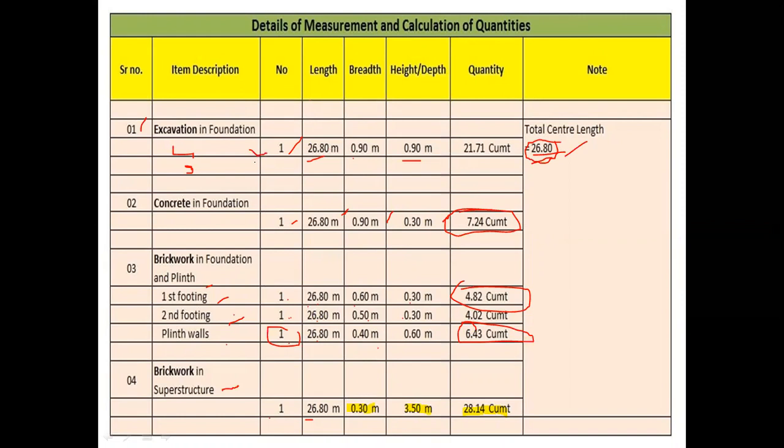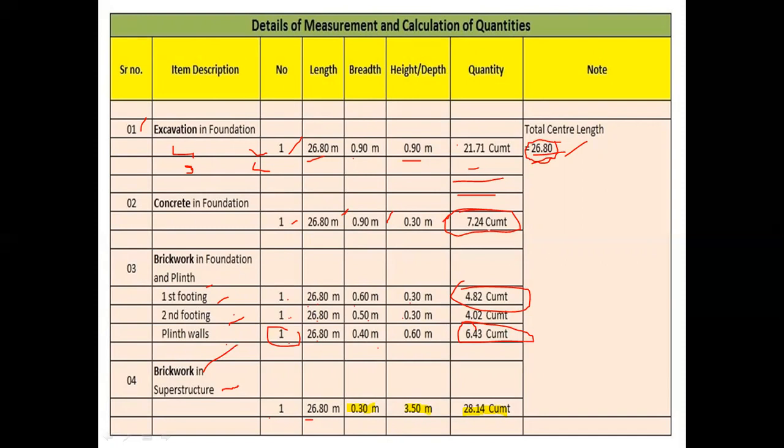Long wall number is 2, short wall number is 2, and the length is taken for each, with the same depth. We find the long wall quantity and short wall quantity, then add both. Similarly for the concrete foundation, the first footing, the second footing, the plinth walls, and the brickwork in superstructure, we calculate long wall and short wall separately. Then we add the long wall quantity and short wall quantity for every description: excavation, concrete foundation, brickwork foundation, and brickwork in superstructure.